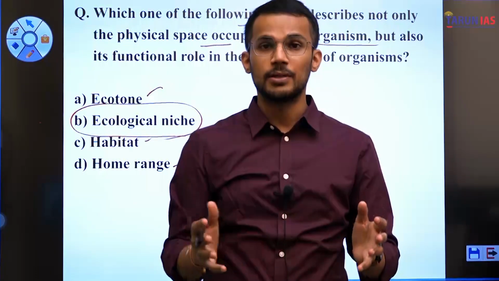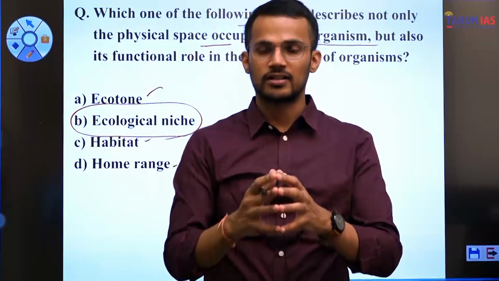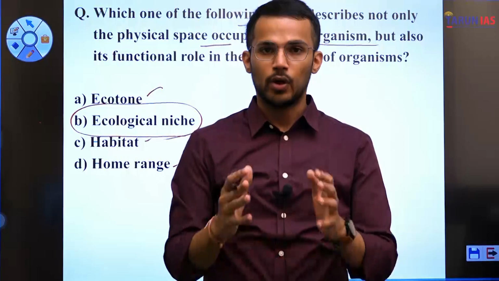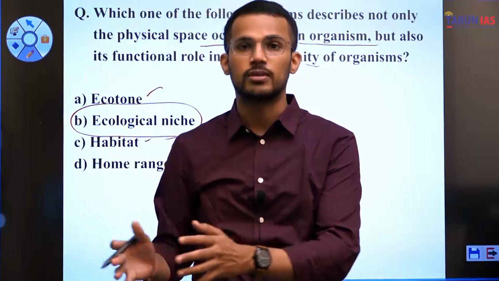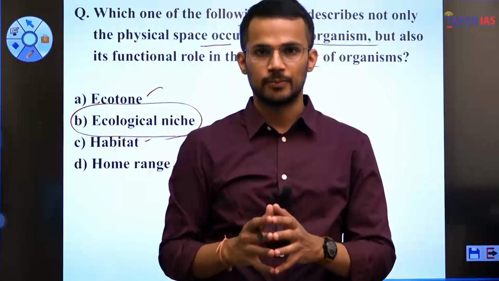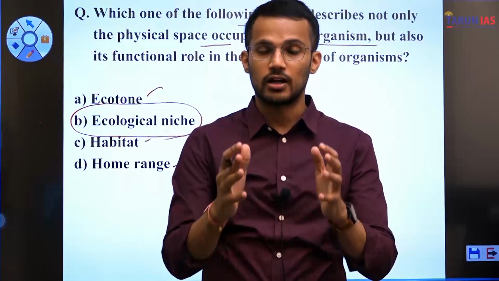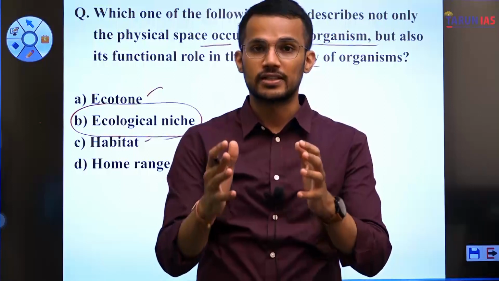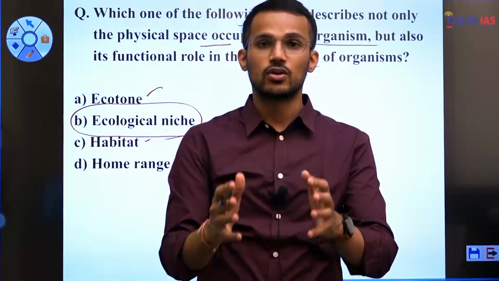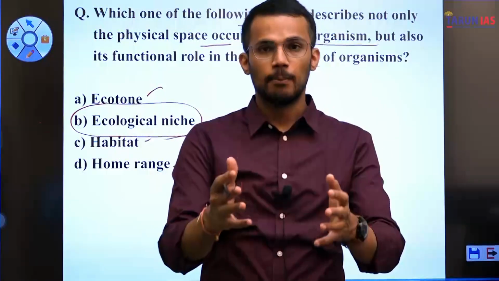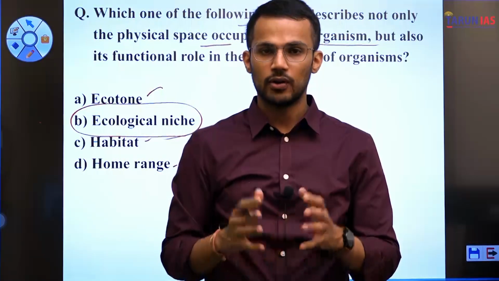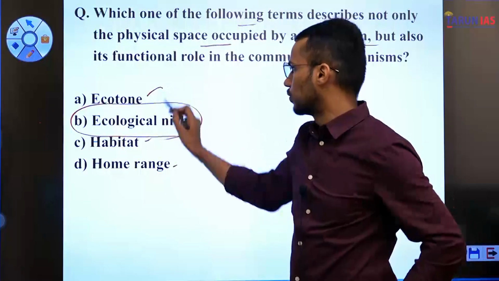For example, even littorals are considered as ecotone because they are a transition between terrestrial ecosystem and marine ecosystem. And ecotones are associated with species like mangroves, which are not found in terrestrial ecosystem nor in marine ecosystem. So that is ecotone.